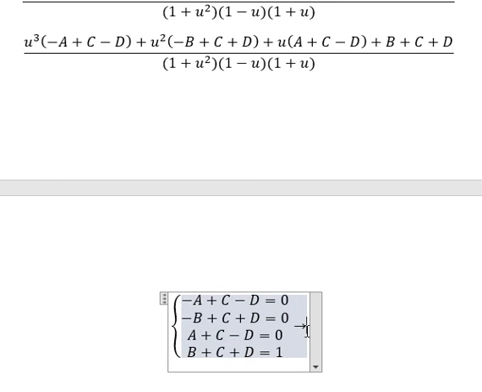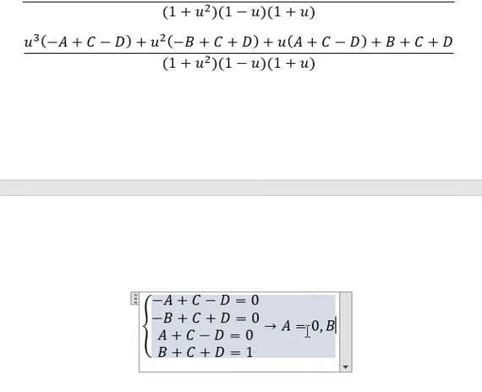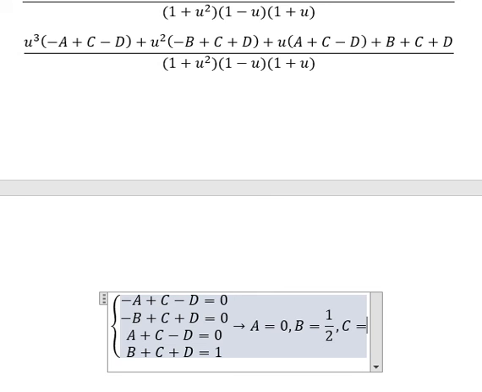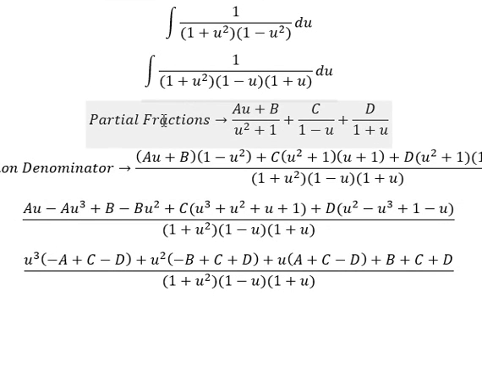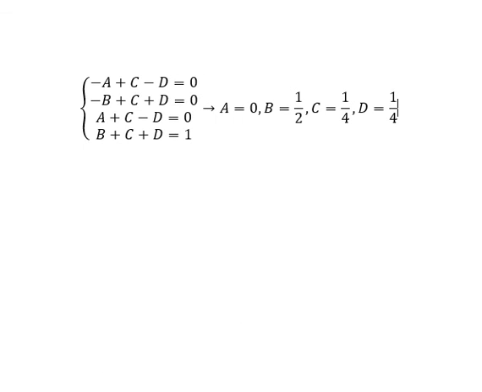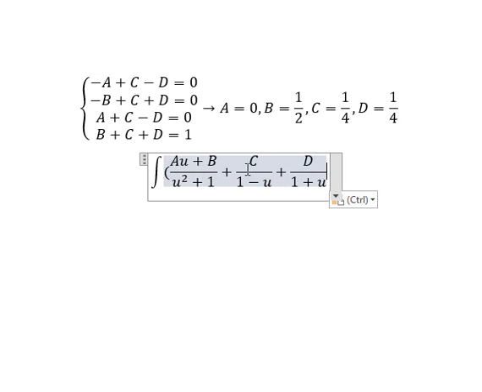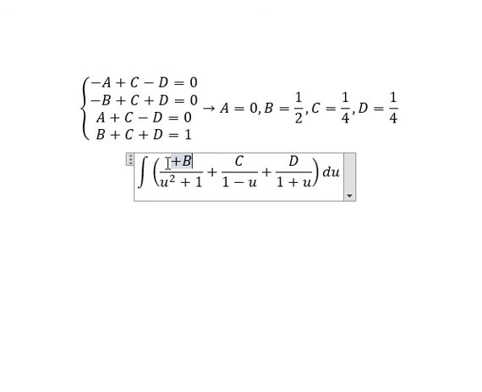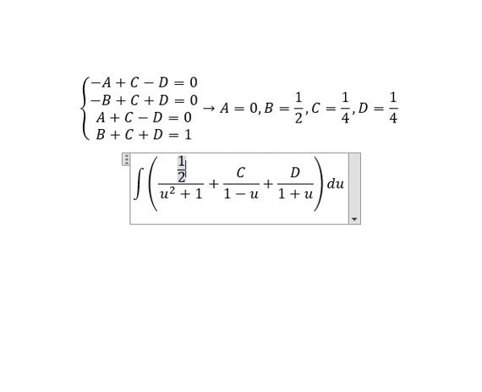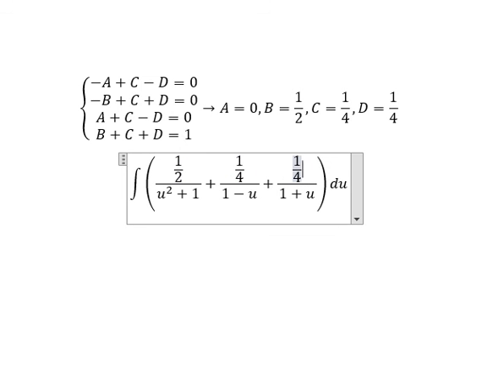So a equals number 0, b equals 1 over 2, c equals 1 over 4, d equals 1 over 4. And now we put this one in here, and now we have the final answer.